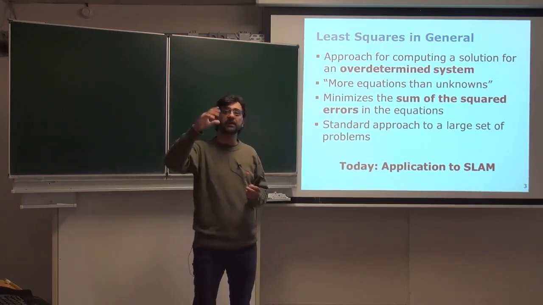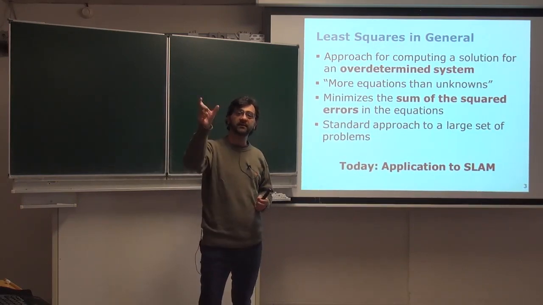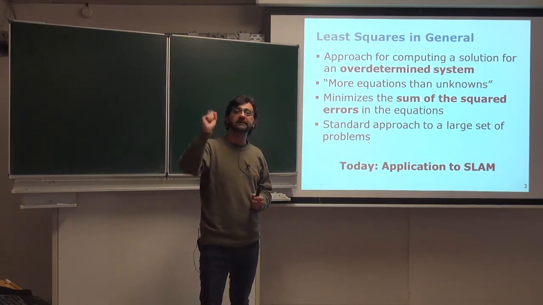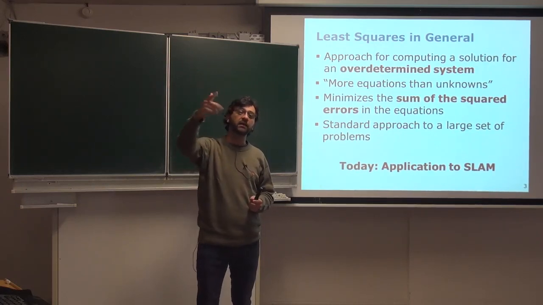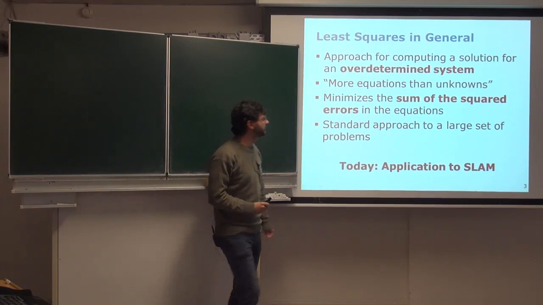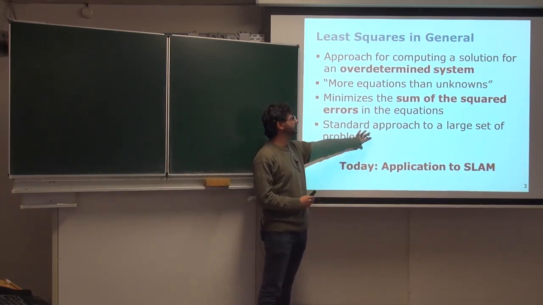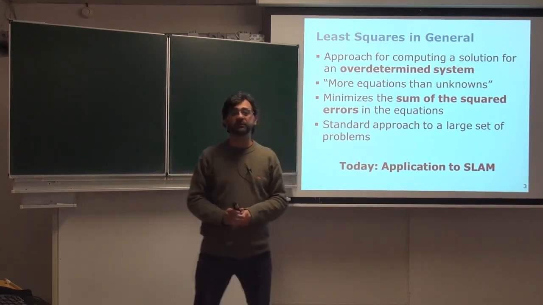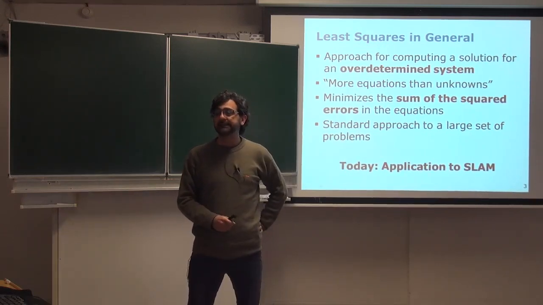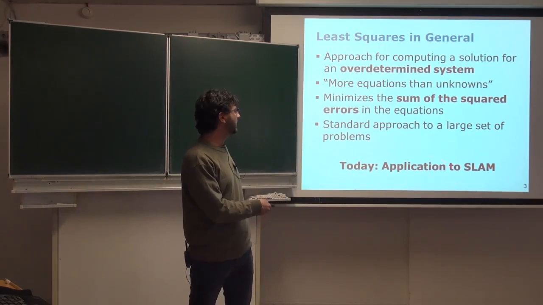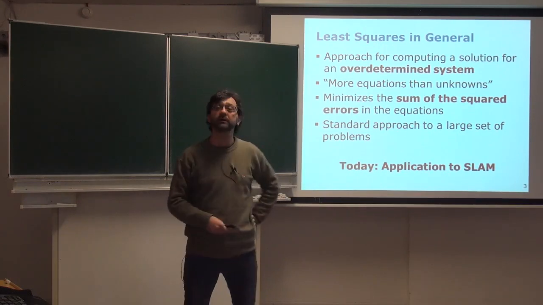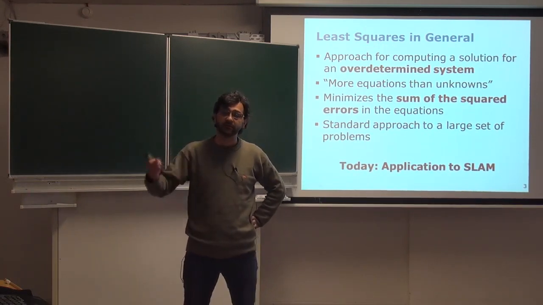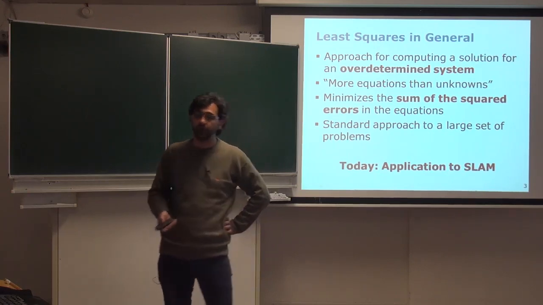So normally you have Ax = b, and instead of trying to find the exact solution, we try to find the value of x such that A multiplied by x is close to b. And this is not just for SLAM, it's a standard approach for a large set of problems, as we've seen also in the last lecture. And today we are trying to see how we can apply this approach to SLAM, and we'll see that this also results in a graphical structure of the problem.